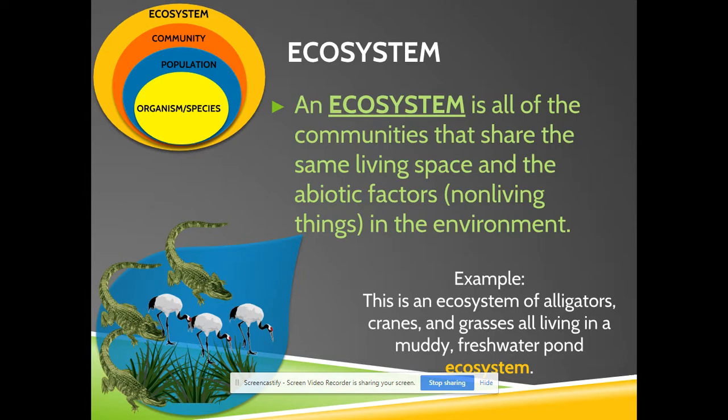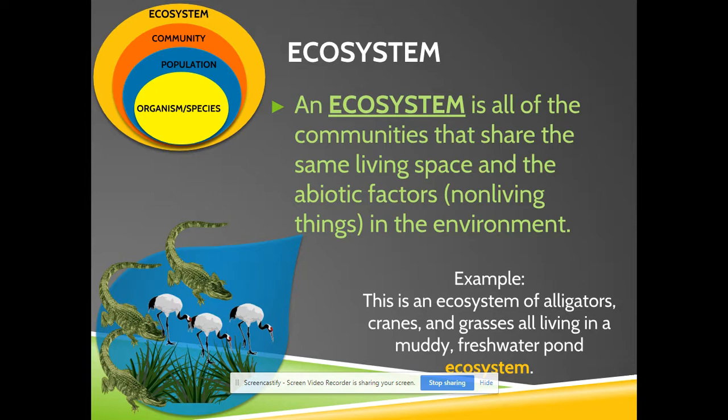An ecosystem is all of the communities that share the same living space and the abiotic factors, the non-living things in the environment. So now we're not just talking about the plants and animals in an area, but the non-living things, the water, the amount of sunlight that we get, the temperature.